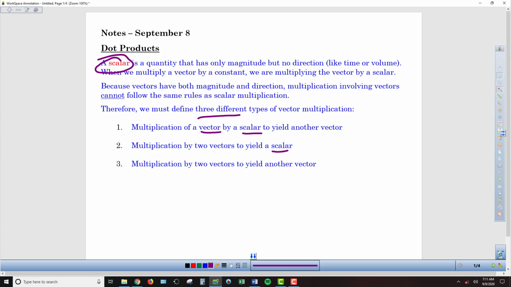So you can actually multiply two things that have both magnitude and direction, two vectors, and end up with just a number. You just end up with a scalar. And then later on, not today, but in our next lesson, we're going to take a look at what's called the cross product, where you multiply two vectors together and end up with another vector.